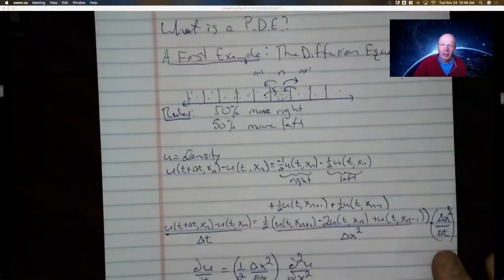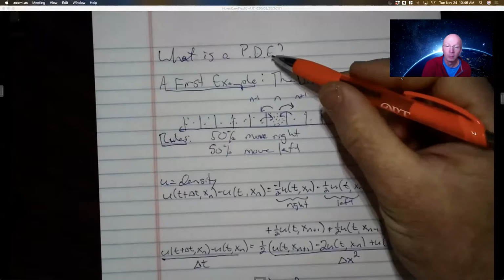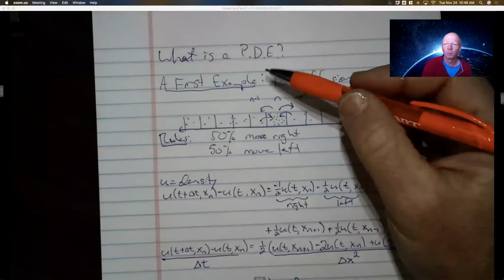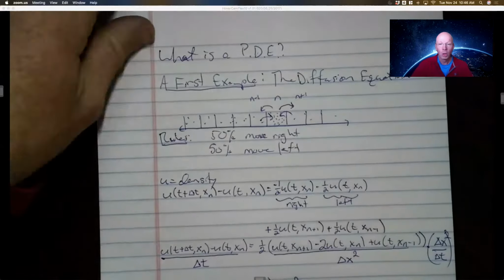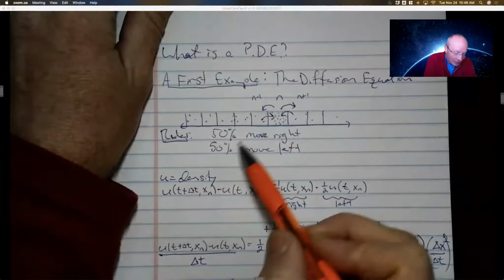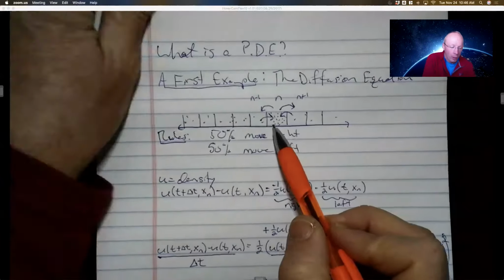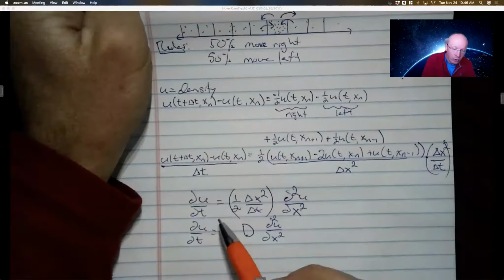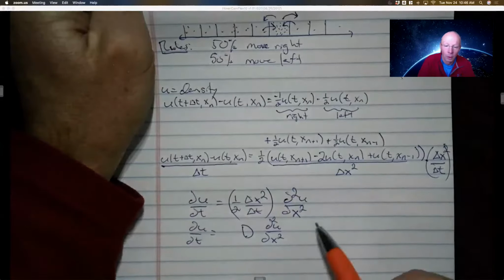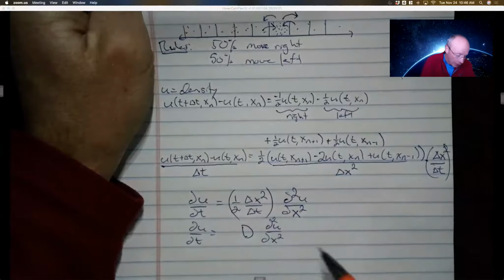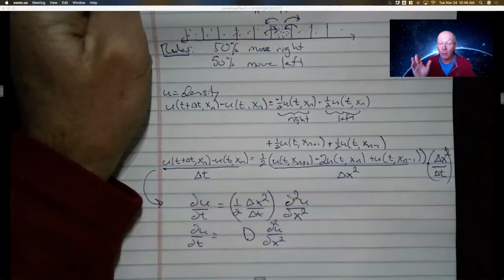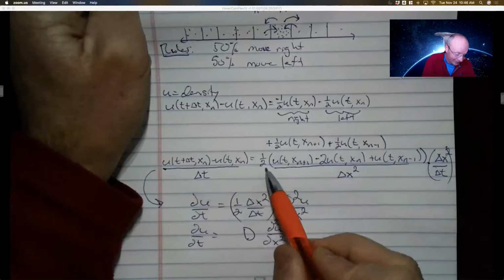And I have a differential equation. So when I came back up here and said a PDE is a differential equation that relates a function and its partial derivatives to each other, well, in this really simple case, the function is the density of these particles, and the differential equation relates the time derivative to the spatial derivative. Now, when I went from here to here, you should have had a little alarm bell going off and said, this is not the same as that.